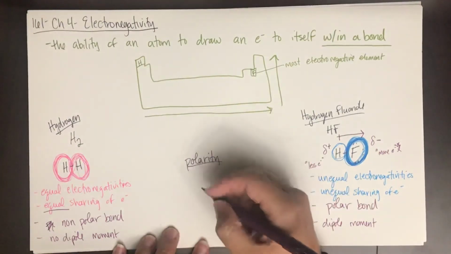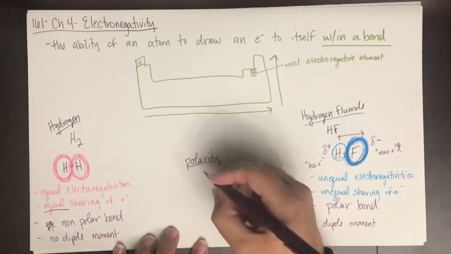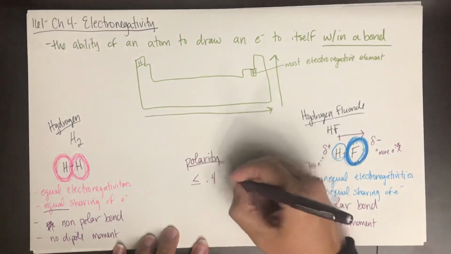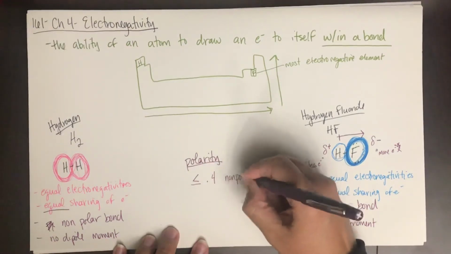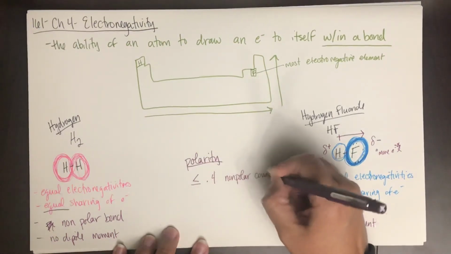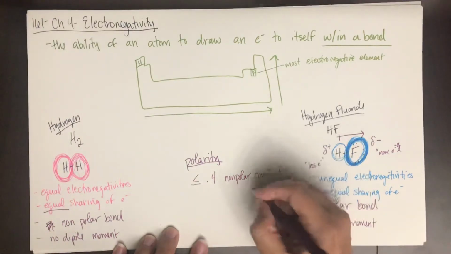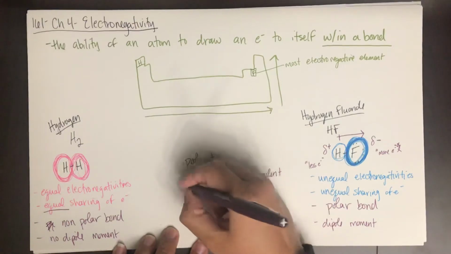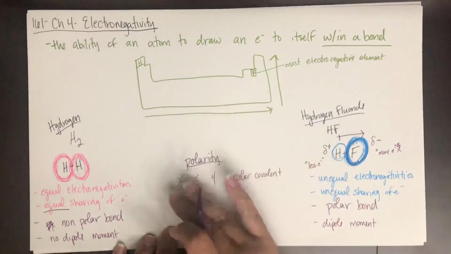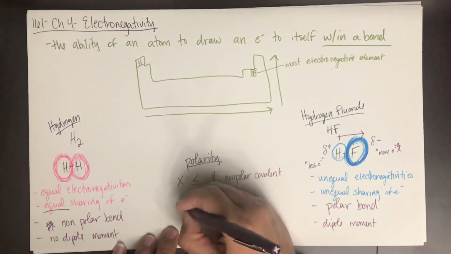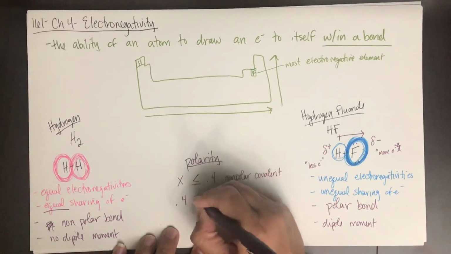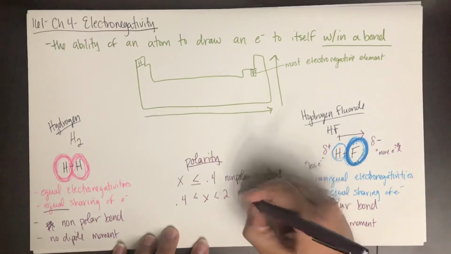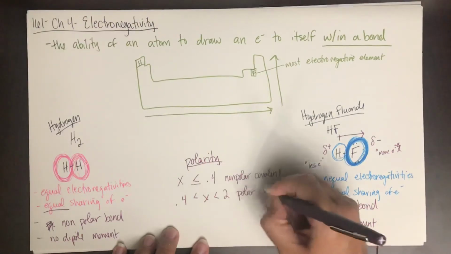If the difference in electronegativity is less than 0.4, we call that nonpolar covalent. These are all covalent. I'm just going to call the electronegativity difference X. If it's between 0.4 and 2, it is polar covalent.